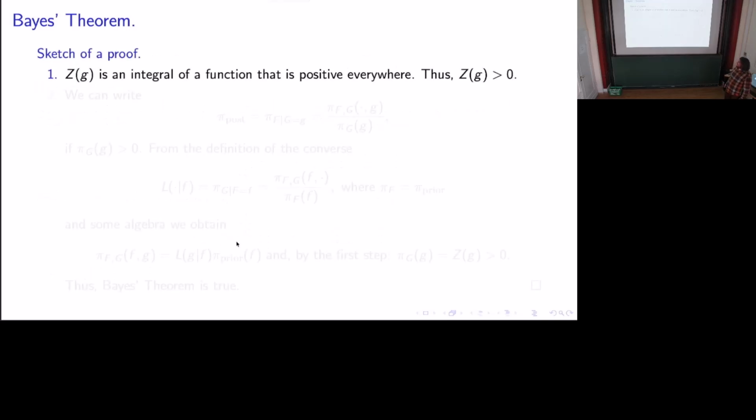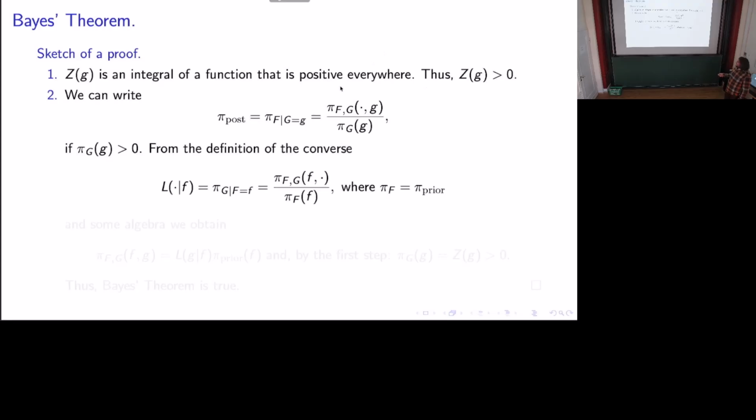Proving this is not so hard actually. First of all, I said this already, the Z is positive everywhere, so that's certainly fine. And then what we essentially do is give the elementary definition for the posterior distribution, just as we had it before, just this ratio. And then we can do the same for the likelihood.